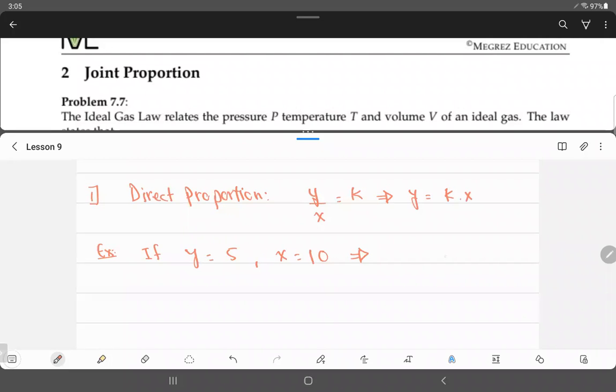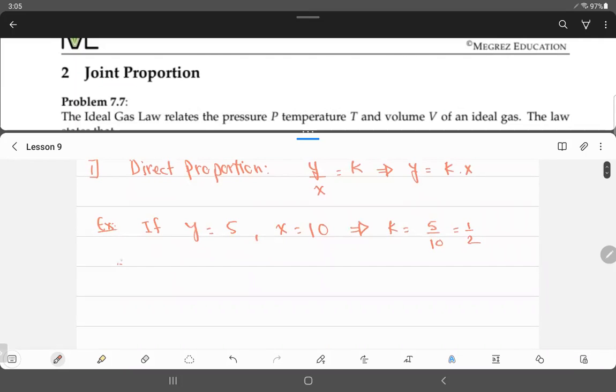So the first thing you do is find the k. k is 5 over 10, which is half, right? So now we know the relation between y and x: you divide y over x, you get half all the time.